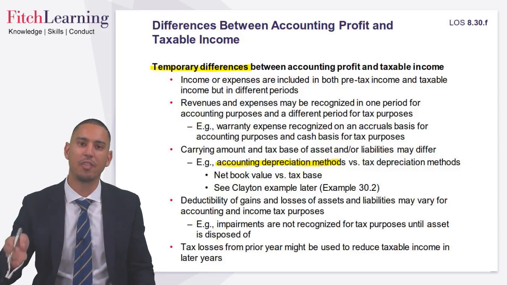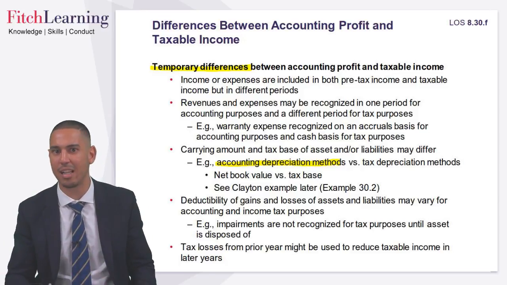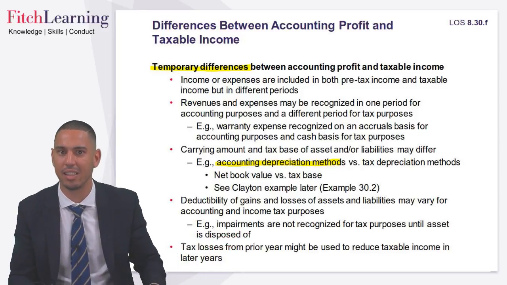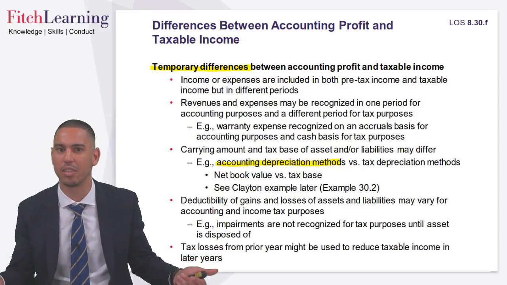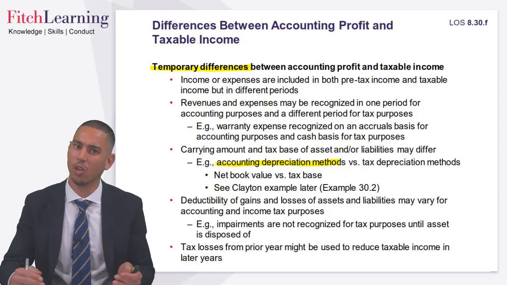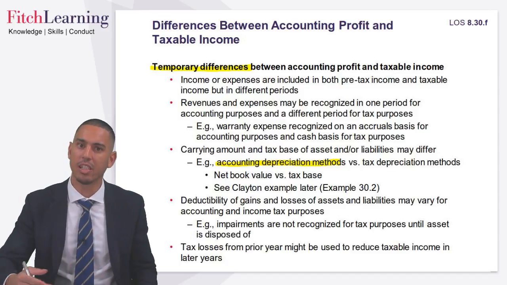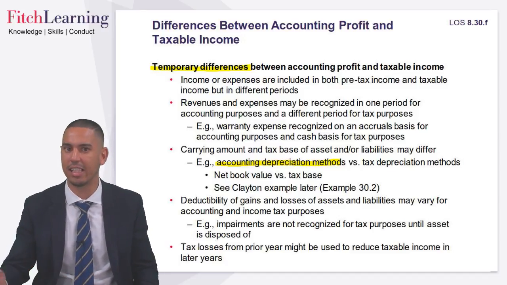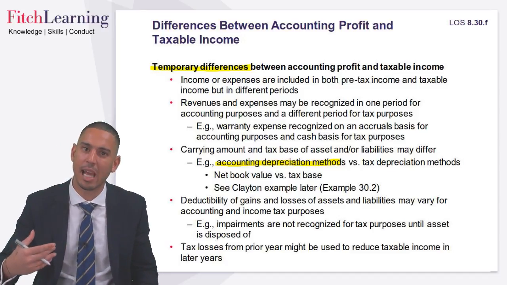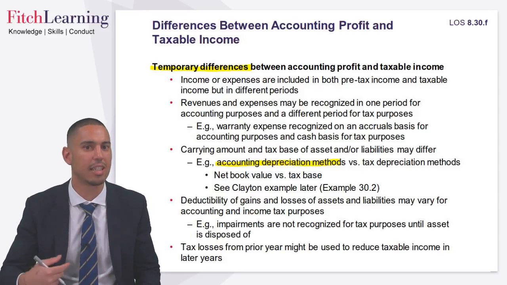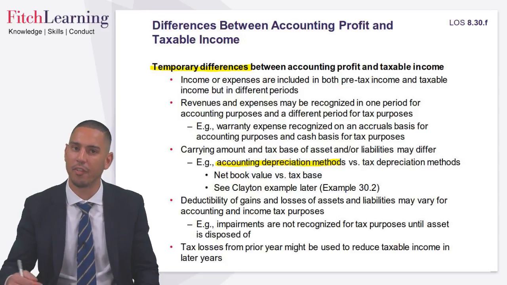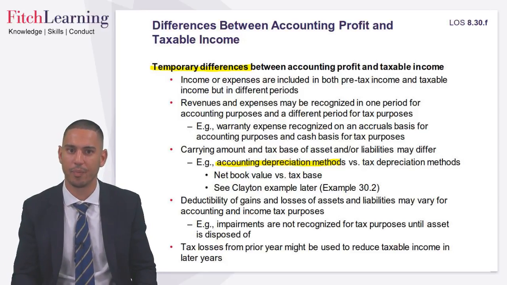Now, after 15 years, I end up with the exact same asset, an asset that's been depreciated down to 0 or whatever the residual book value is. But in the short term, one's going to charge more depreciation than the other. And this is a temporary difference that results in a deferred tax asset or a deferred tax liability.